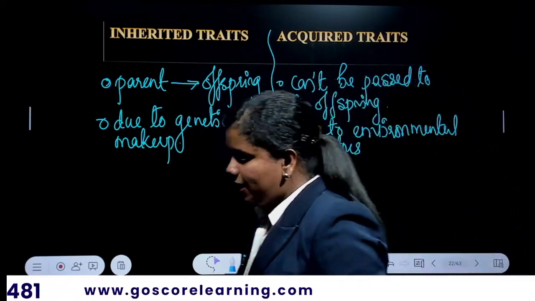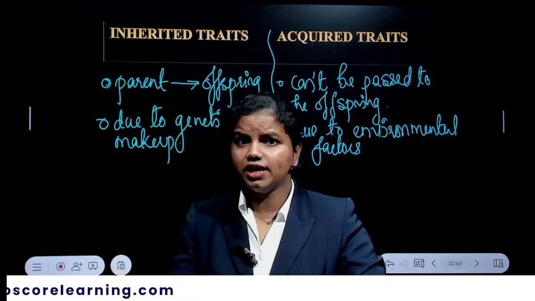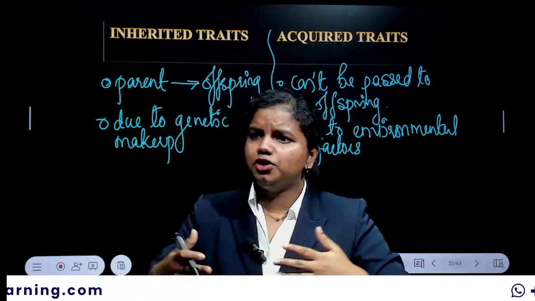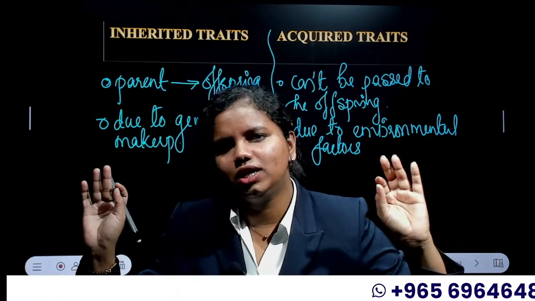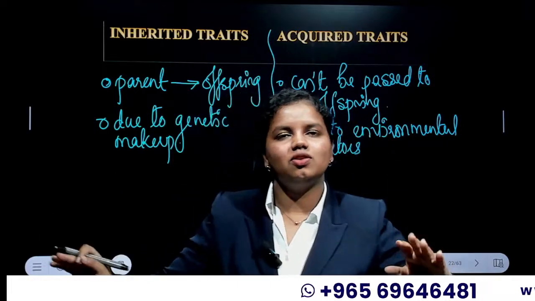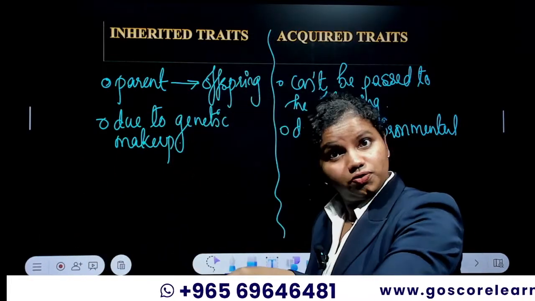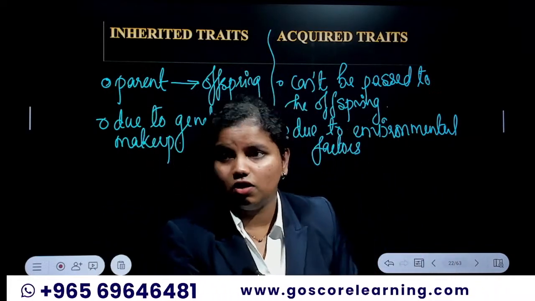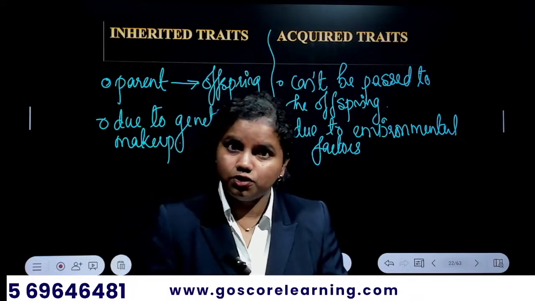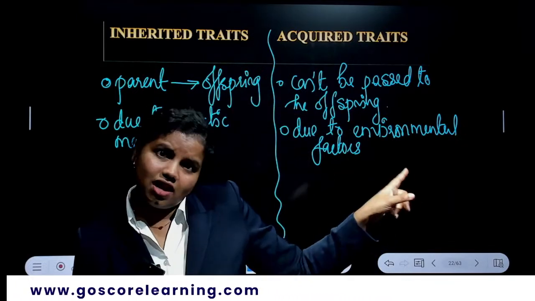And maybe you're gaining weight in your lifetime, due to stress eating, or some factors made you eat a little more, and you're not working out, so definitely you are gaining weight, right? That gaining or losing of weight due to some diet, or if you starve for food and lose weight, that is an acquired trait.